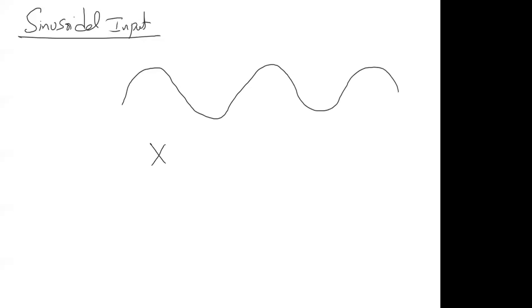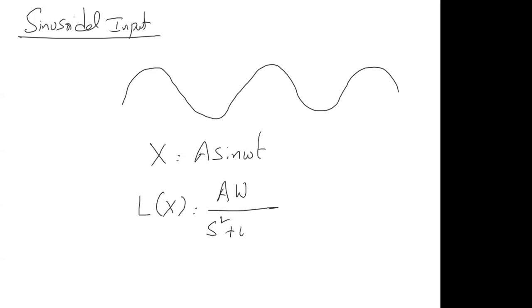So x equals A sine omega t. The Laplace transform of x is A into w by s square plus w square. So this is the sine input.